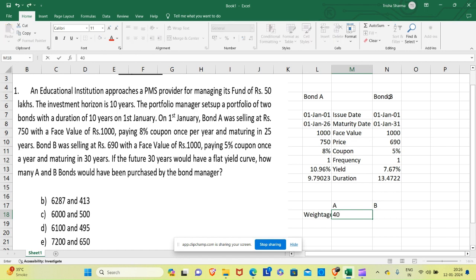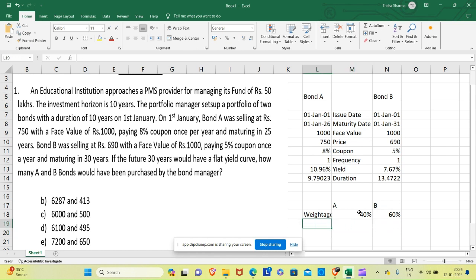So I put this as 40% and this as 60%. The total obviously will be 100% because it is a weightage. The other way to do it is we can write here 1 minus 40%, which will give us 60%. So we get 60% that way also.